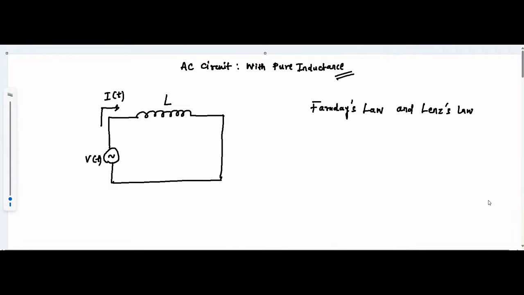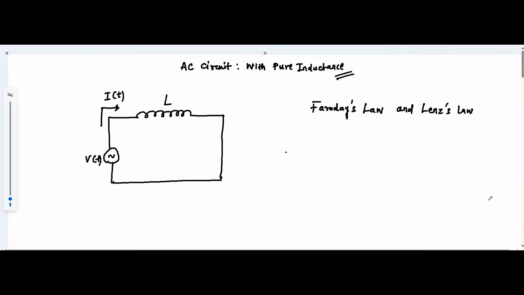So when an alternating voltage is applied to a pure inductive coil of self-inductance L, an EMF is induced in the circuit because of the rate of change of current through the circuit.